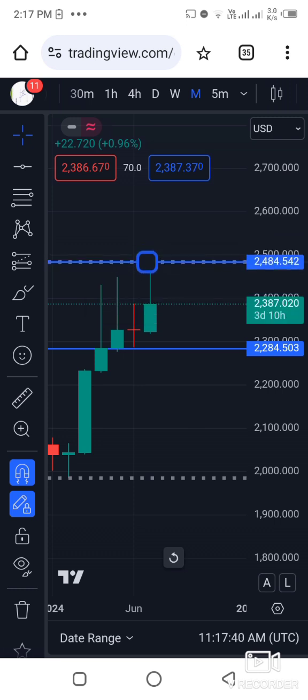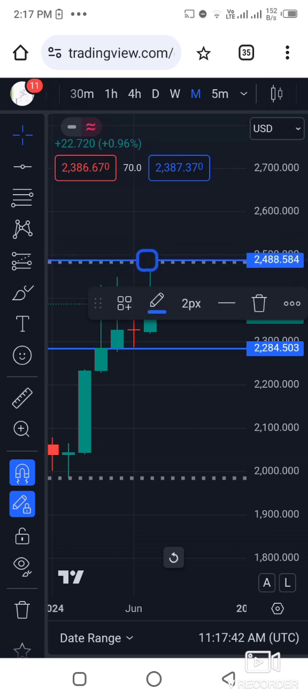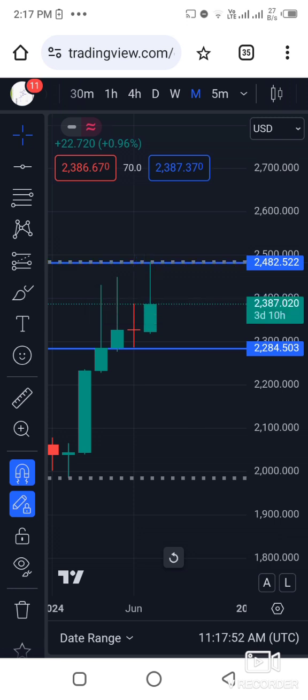And what does this tell you? Whatever we expect for this month, the market can go to either side, but mostly the market will be able to sell.